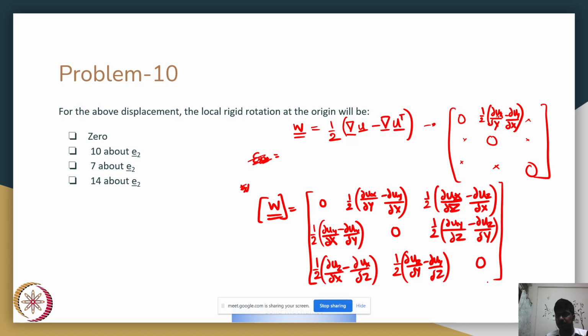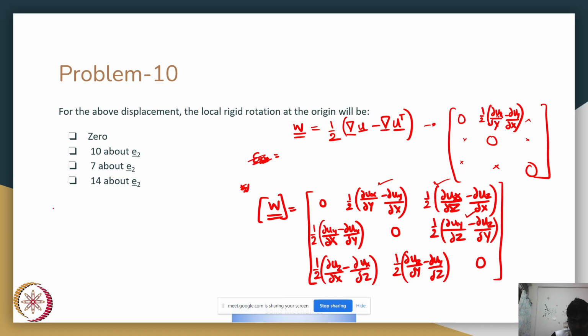Since it's a skew symmetric matrix, the diagonal terms are 0 and the off diagonal terms are negatives of each other, so we only need to look at one side of the diagonal. So these three terms.